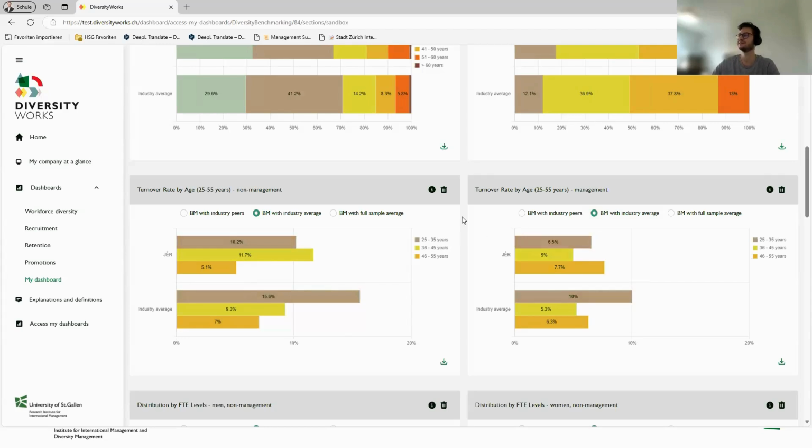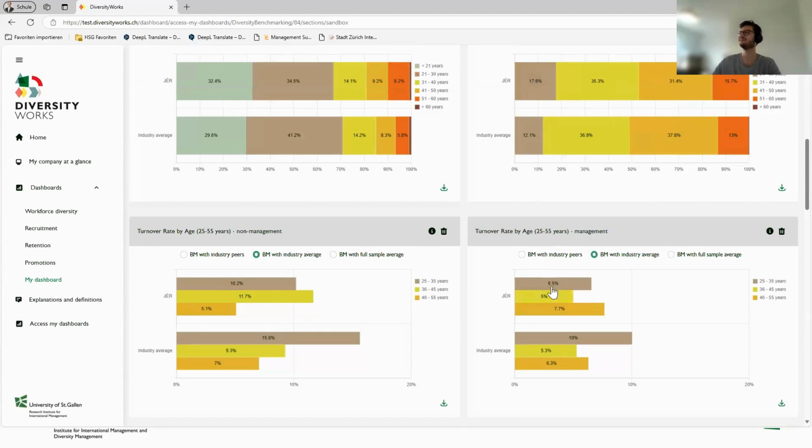Same goes for the management positions. And in management, my young talents even have a lower turnover rate than those between 46 and 55. So I managed to keep my younger talents in these management positions. So the positive side, we attract young talents and we are able to keep them as well.